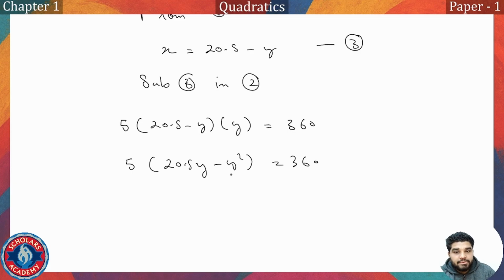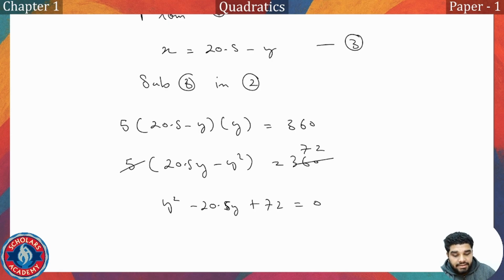And if I divide both sides by 5, over here I will get 72. So y² - 20.5y + 72 = 0.